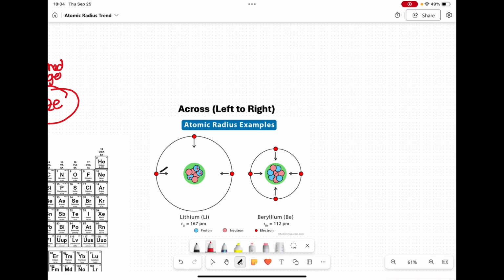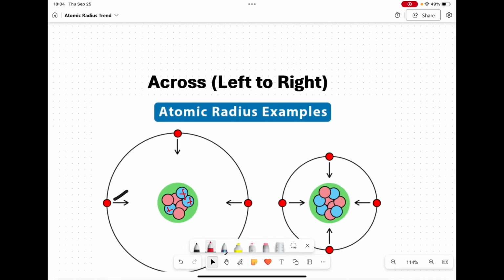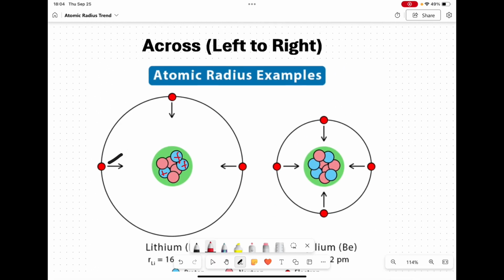And so the first thing that affects that would be your number of protons and electrons. When you have more protons and electrons, you have a stronger attraction.